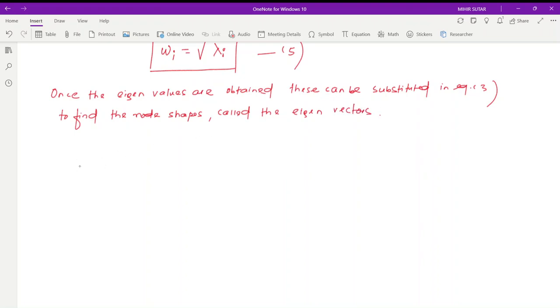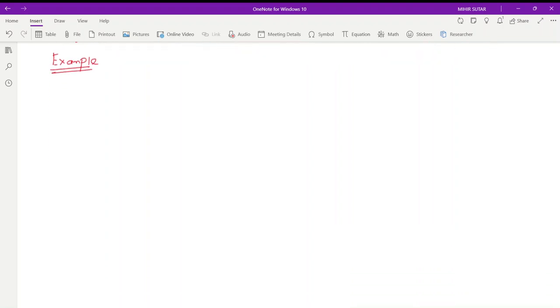Now we'll take an example. Let's say we have a 3 degree of freedom system having a spring of stiffness K1 connected with a mass M, having displacement x1.